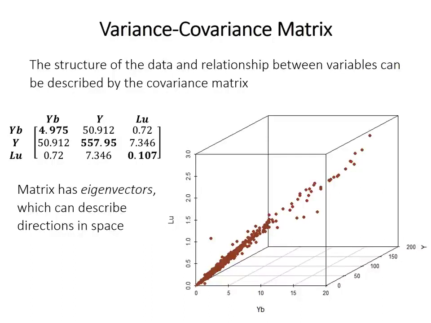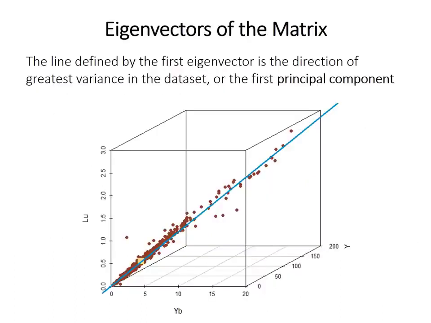I explained eigenvectors in more detail in the previous Mahalanobis distance video, so I won't go into them more here. It's not that important, but just remember that matrices have these things called eigenvectors. The important thing really is that the first eigenvector defines a direction in space, and the line along that direction turns out to be the direction of greatest variance through our multidimensional cloud of points. So the first eigenvector is the first principal component in our new coordinate system.